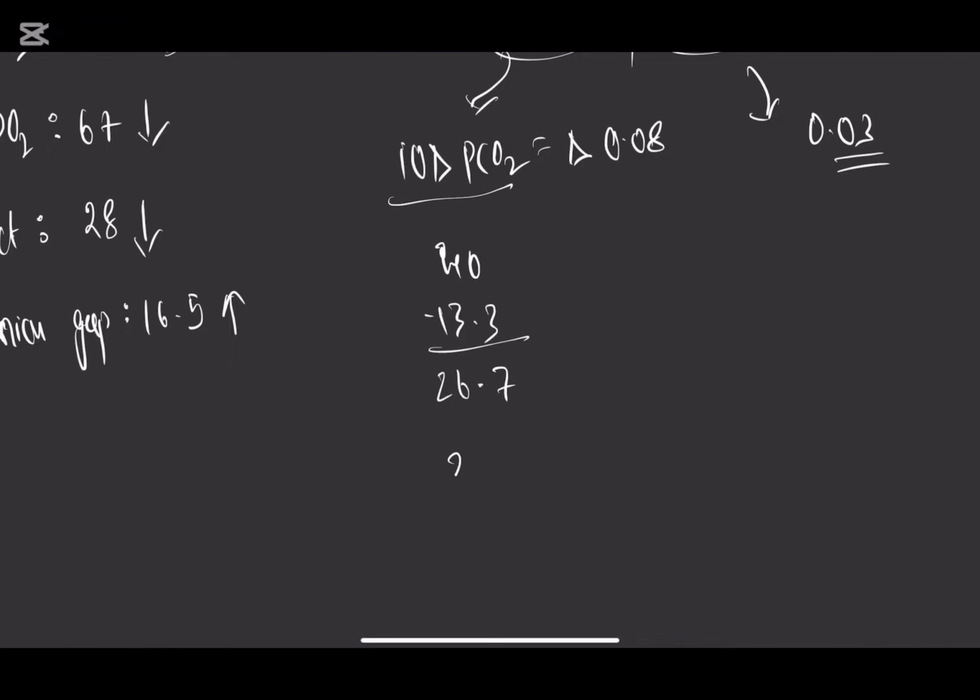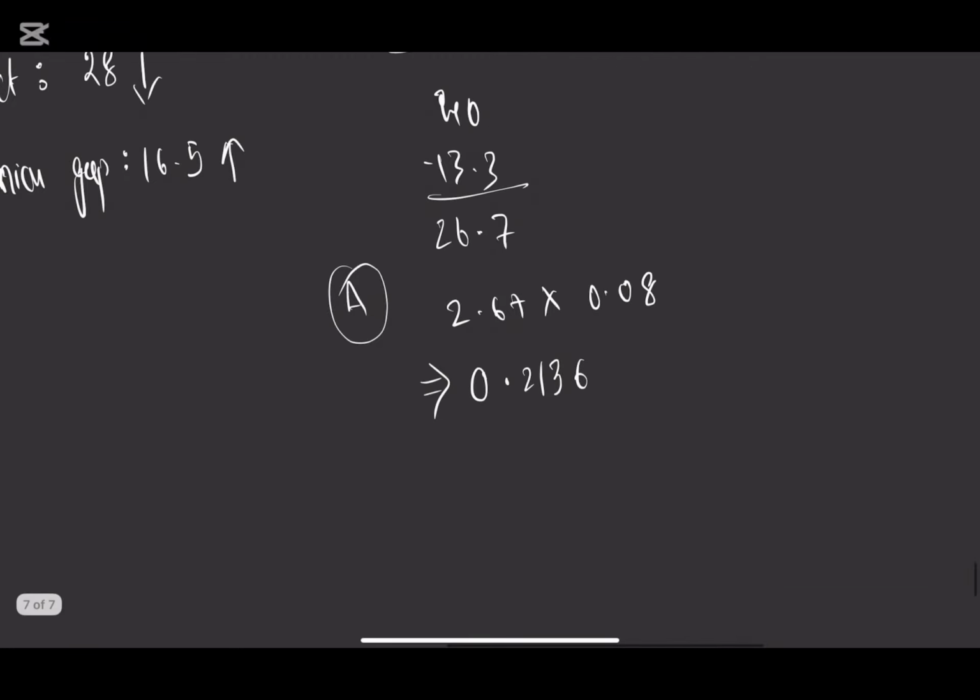So for 10, 2.67 into 0.08 equals 0.2136, plus 7.40, 7.6136.